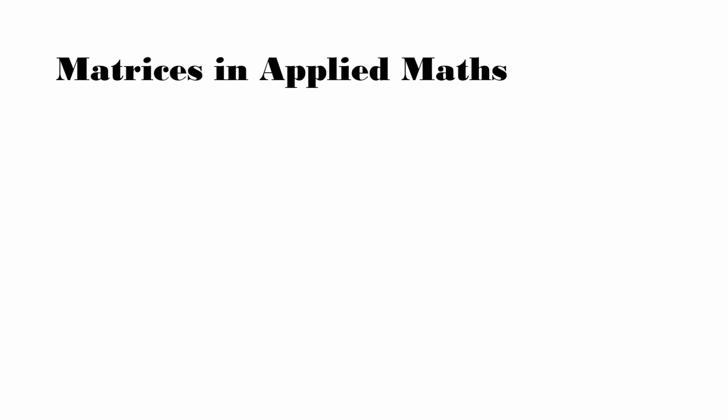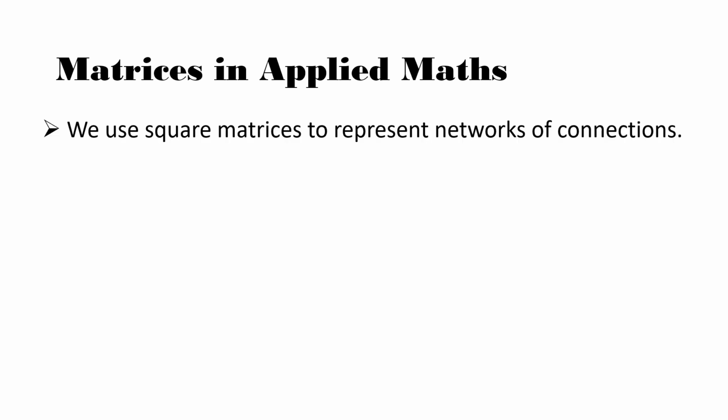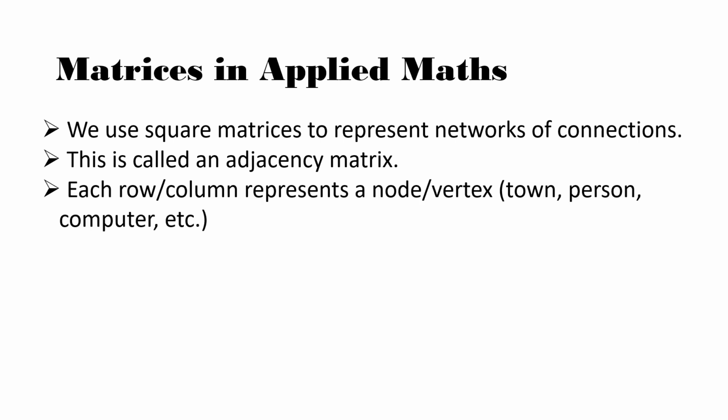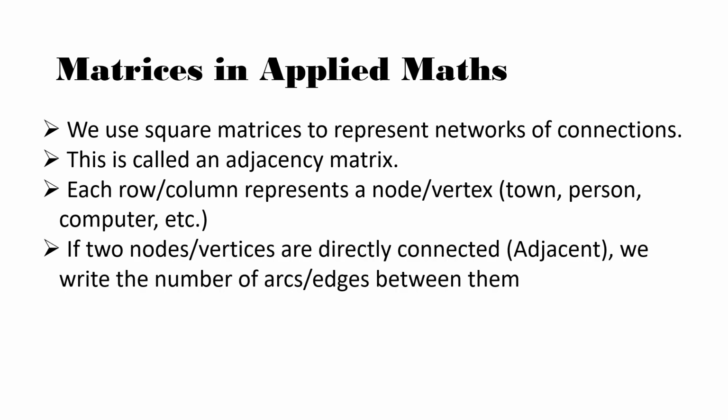So let's talk a little bit about where these matrices appear when we're working in applied maths. We're going to use square matrices to represent networks of connections. So we're going to work with something called an adjacency matrix where each row and column represents a node or vertex. So that could be a town, a person, or a computer.